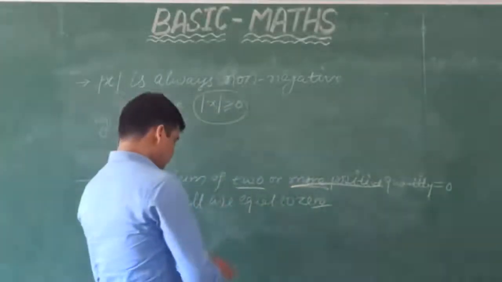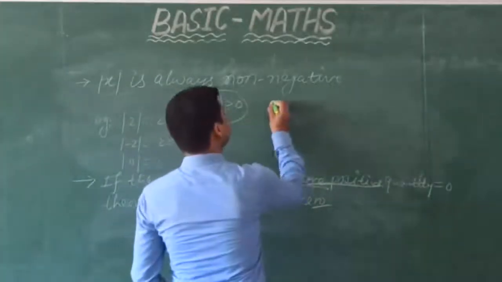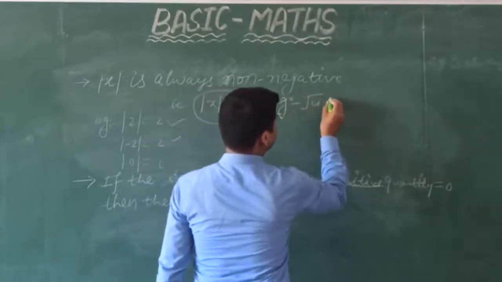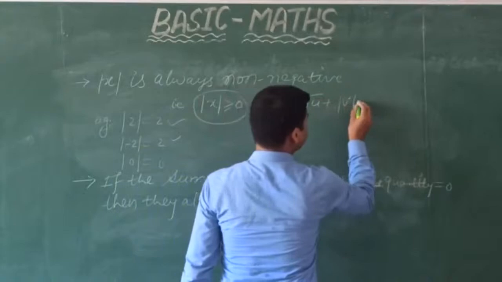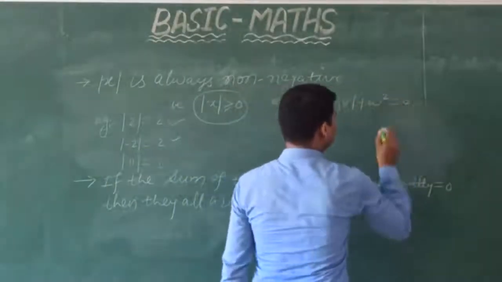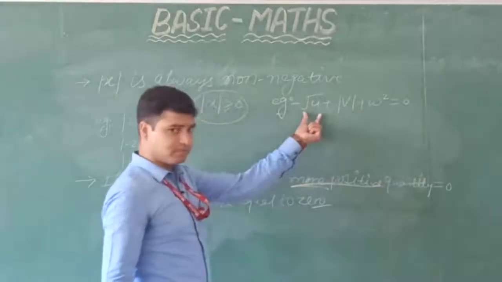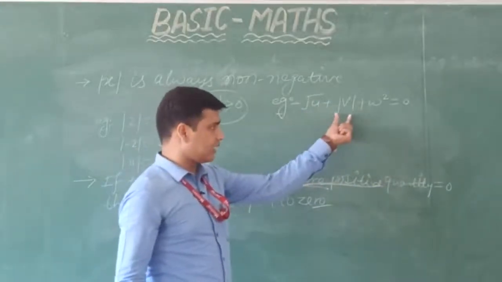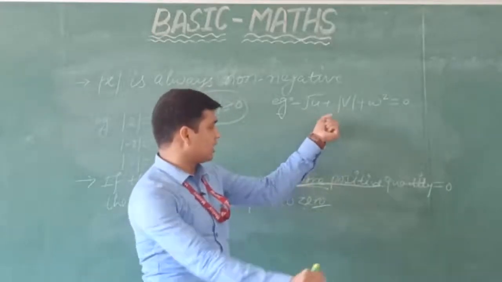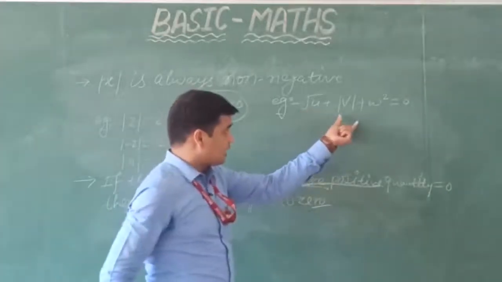I am going to explain with an example. Suppose I am taking the example root under u plus mod of v plus w square equals 0. We know that each of these is a non-negative quantity.